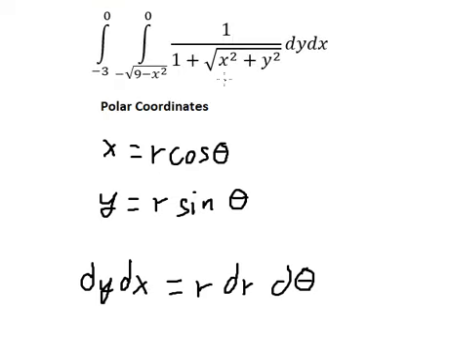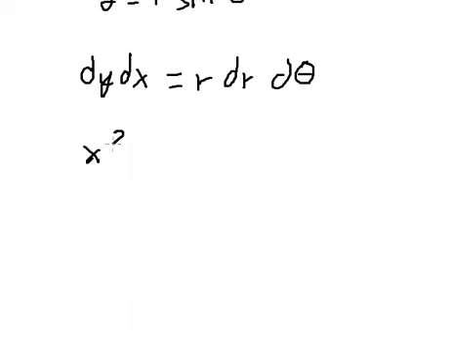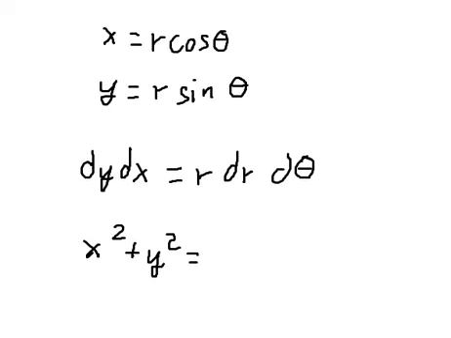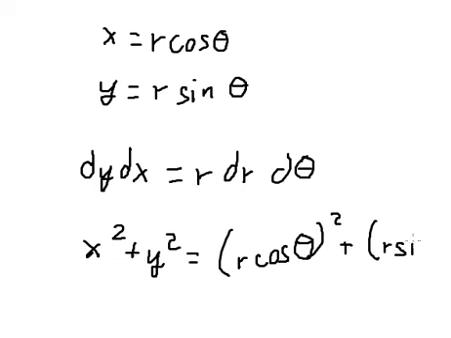Now the next one, we have x squared plus y squared. We know that x and y are about this one. So we need to transform x and y into r cosine theta and r sine theta.